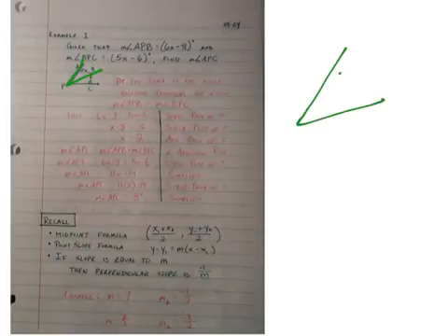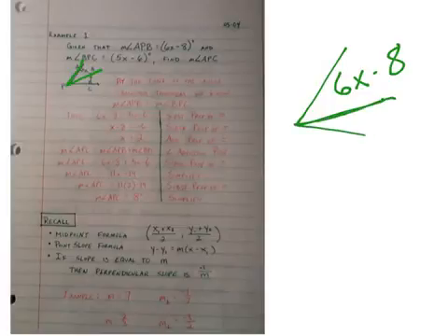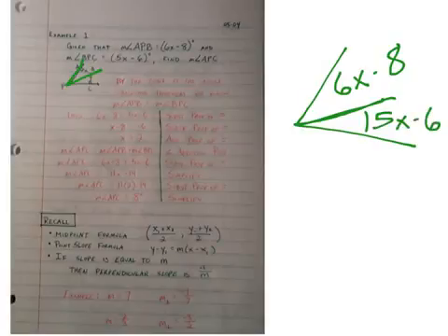Example 1, we are given a diagram and they tell us that angle APB is 6x minus 8 degrees. And we're also told that angle BPC is 5x minus 6 degrees. When we look at the diagram, we see that B is actually equal distance to A as it is to C. B is the same distance here and here.